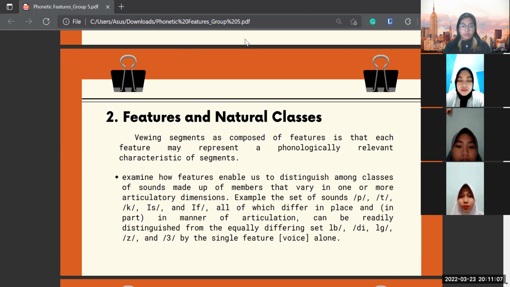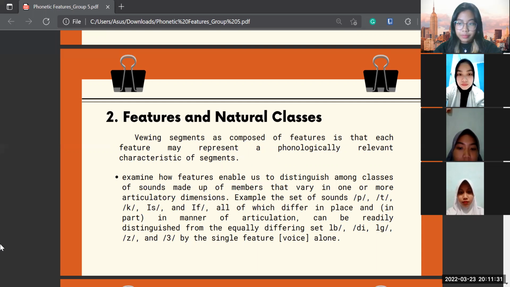Examine how features enable us to distinguish among classes of sounds made up of members that vary in one or more articulation dimensions. For example, the set of sounds p, t, k, s, and f, all of which differ in place and in part in manner of articulation, can be readily distinguished from the equally differing set b, d, g, z, and v by the single feature voice alone.